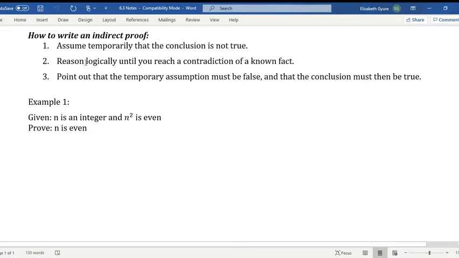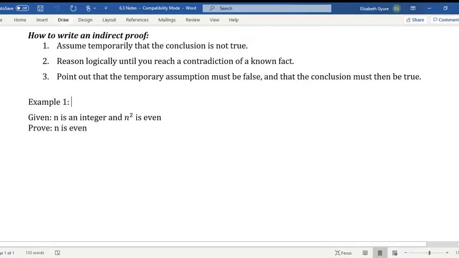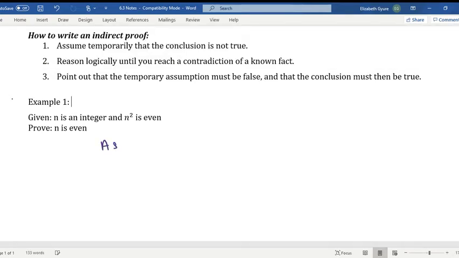So our first step is to assume temporarily that the conclusion is not true. So our conclusion is that n is even. So we are going to temporarily assume that that is not true. So our first thing we're going to do is start there, and we are going to assume that n is not even.